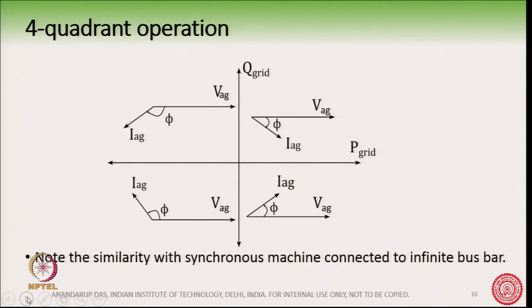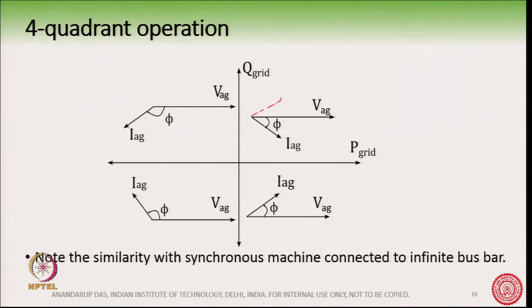So, this all comes from the circuit law, 2 voltage sources connected by an impedance in between, and you can change the power flow. Okay. So, this is the VAG, and you have put the IAG here.